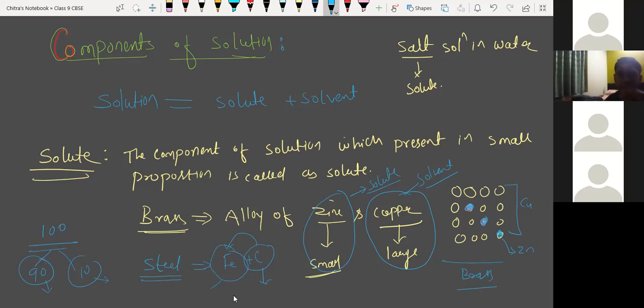Otherwise it is going to be an alloy only, 50-50%. So you just have to remember: whatever component we have in a solution, if it is present in large proportion, it is the solvent, and if it is present in small proportion, it is the solute. That's all.